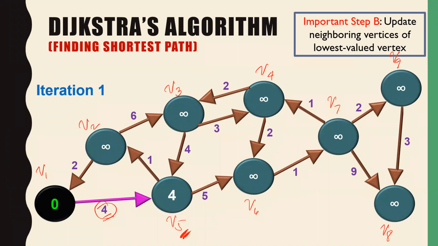So it just means for now, yung shortest length na na-consider natin from V1 to V5 ay length 4. And then pwede natin itong i-update later if we can find a shorter route from vertex 1 to vertex 5.